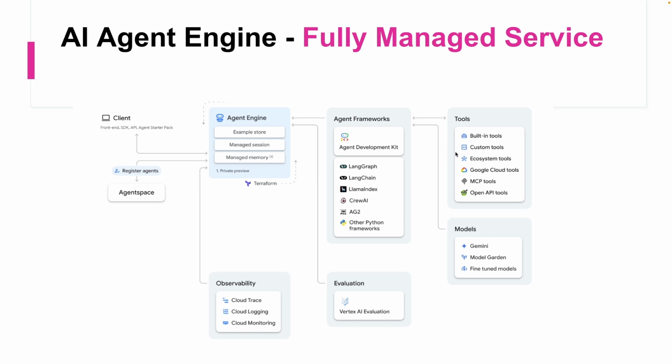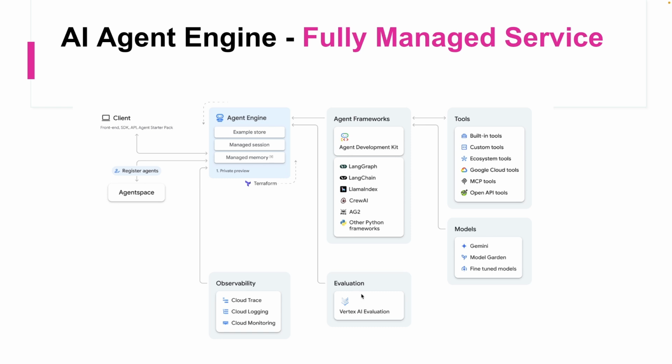We have already discussed that in the previous slide, and you can use the models, Gemini model or any LLM with your agents. Then you can evaluate it locally or using the Vertex AI evaluation.